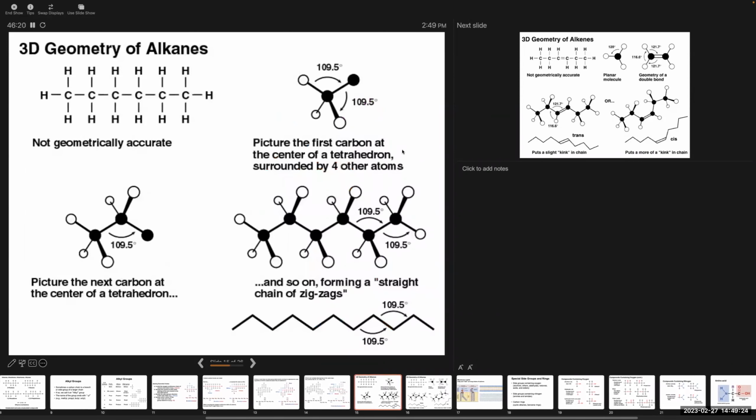All right, so that's a lot of naming, IUPAC names for organic molecules. We'll come back to that a little bit more in a few minutes, but let me also talk a little bit about the 3D geometry of some of these carbon chains.